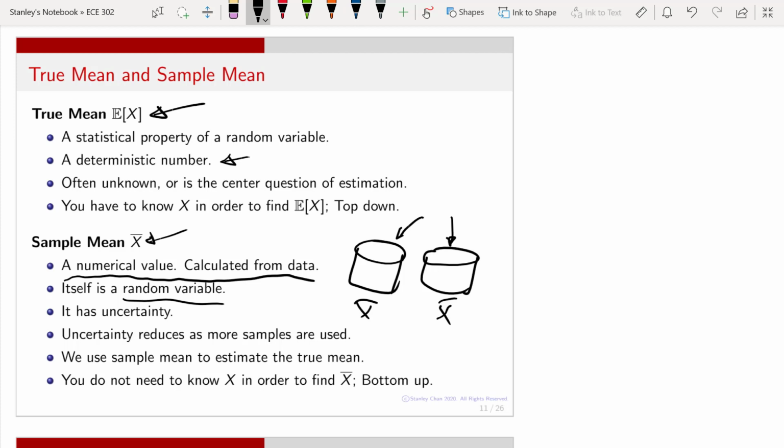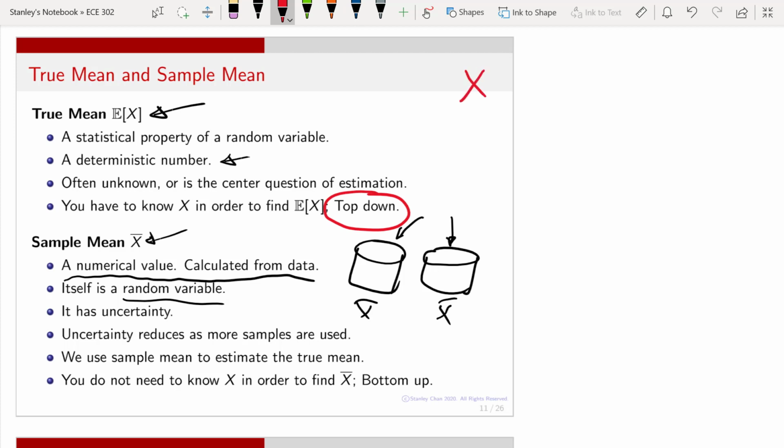This sample mean has uncertainty, and this uncertainty will certainly reduce as I use more and more samples. We will study this problem later in our course, and we will see how the sample mean can be used to estimate the true mean. If you're trying to understand what I'm talking about here, you need to understand that the true mean is a top-down approach.